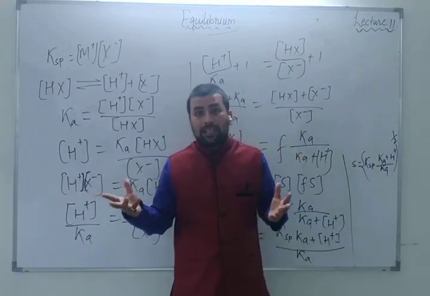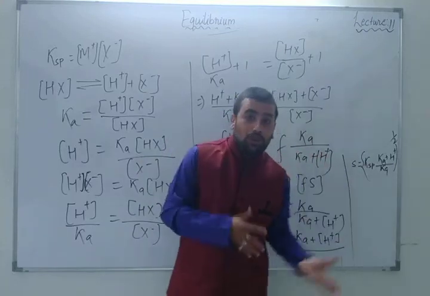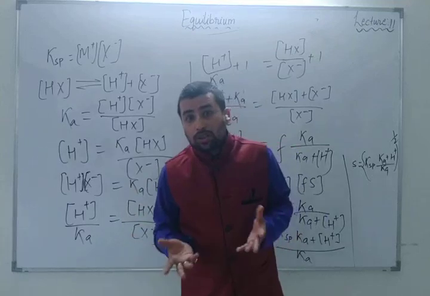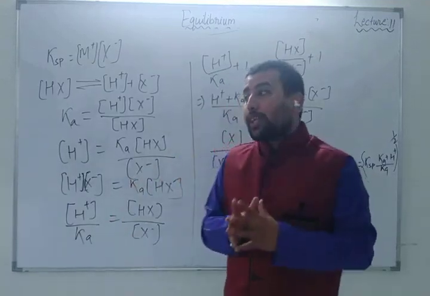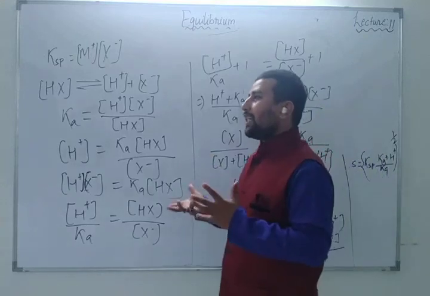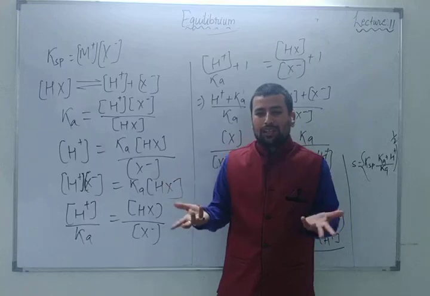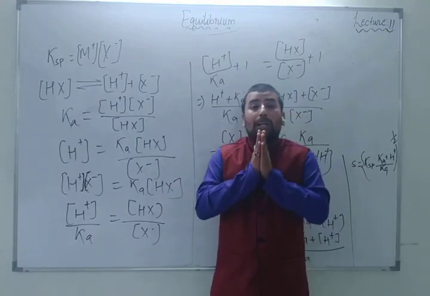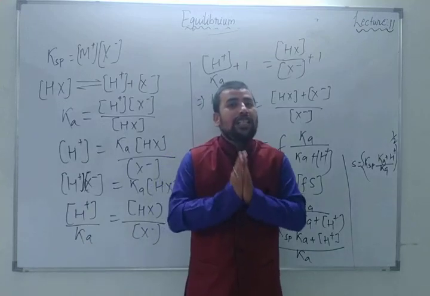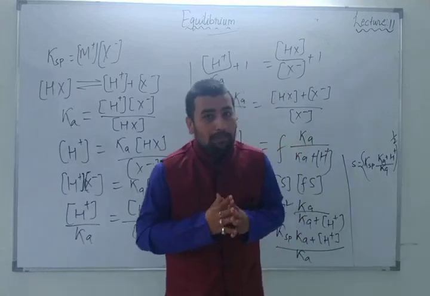There you will learn how these things dissociate, how this common ion effect value came, how this ionic product value came. Whenever you get these things to learn, that time you will remember, because right now you are not getting an application of these things, so you will think whether we should learn them or not. But when you learn anything very concentratedly, that time the real use of the education comes. I hope all of you are understanding what I mean to say.